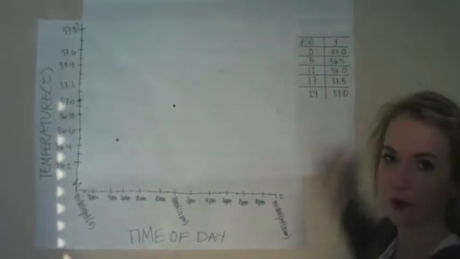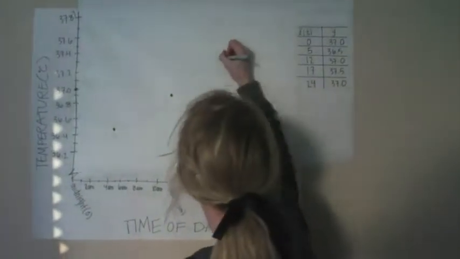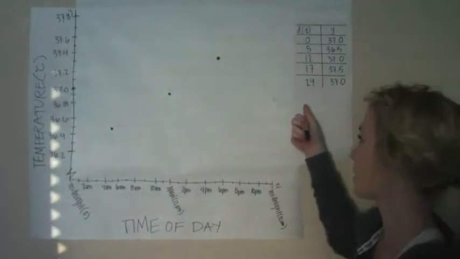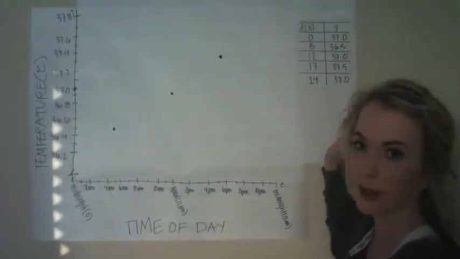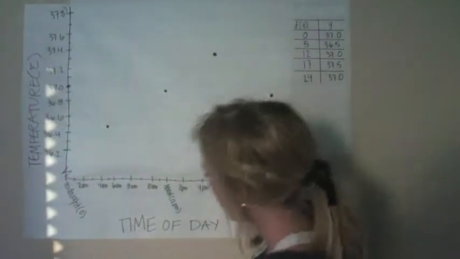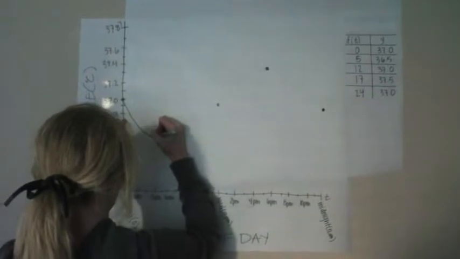At 17 hours, which is 5 p.m., our temperature is 37.5 at its maximum. And at 24 hours, at the end of the day, our body temperature is back to 37 degrees Celsius. Making a sine function.